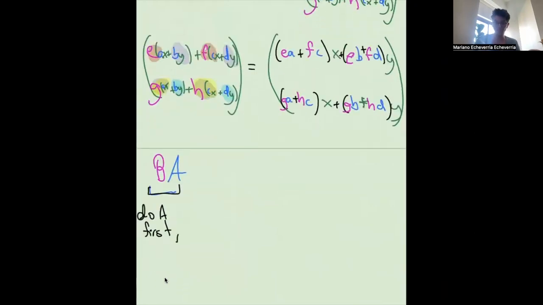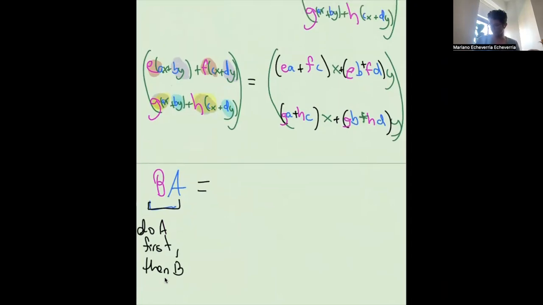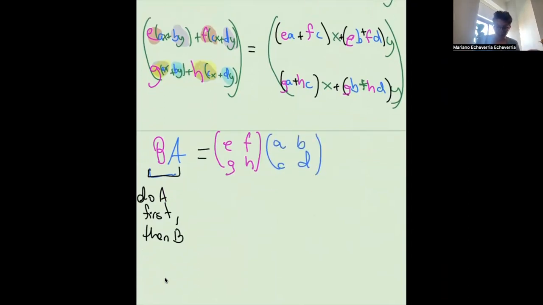It literally means do A first and then B. So what I'm saying is that that corresponds to EFGH, because that was matrix B, and then A, B, C, D, okay? And that corresponds to the four numbers that you see here.